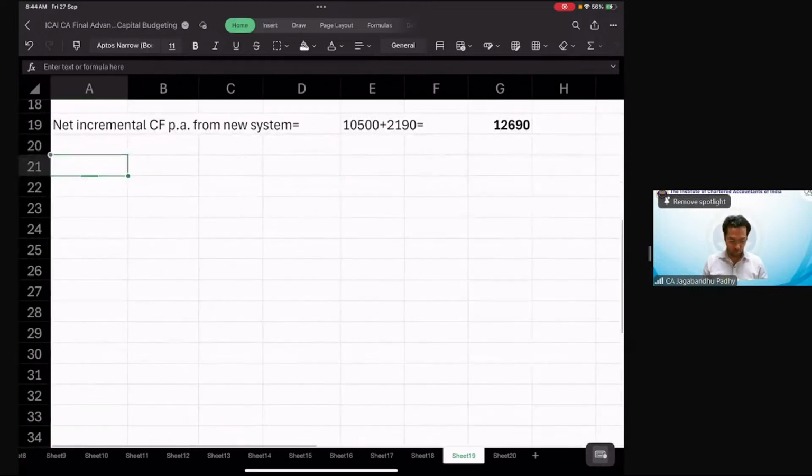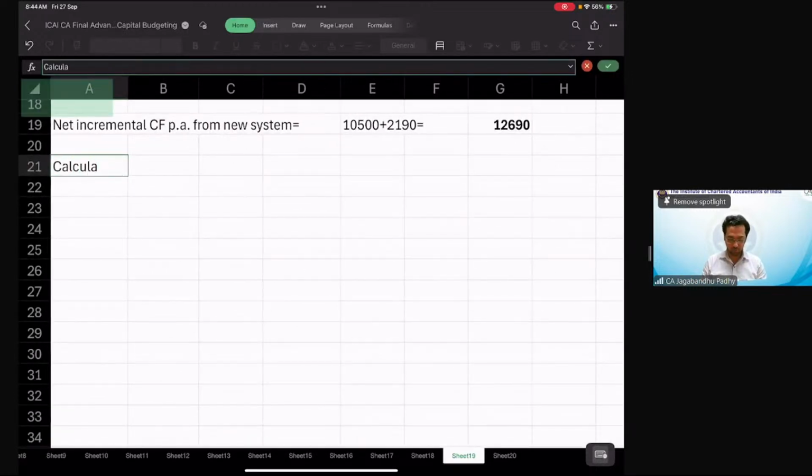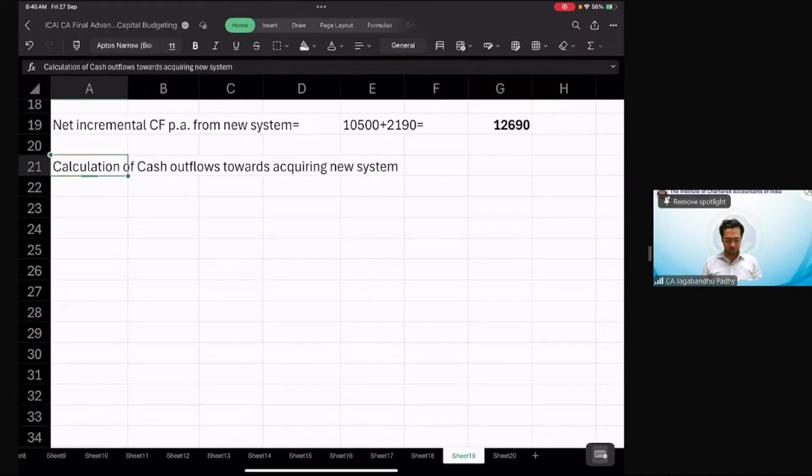So we'll do the calculation of the initial cash investment, the cash outflows towards acquiring the new system. What is the cost of the new system, guys?